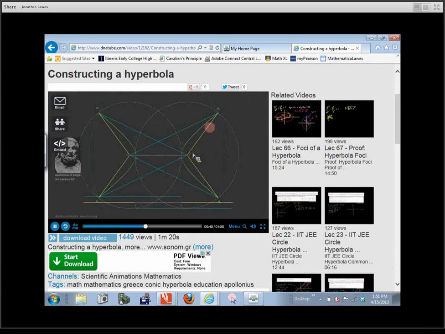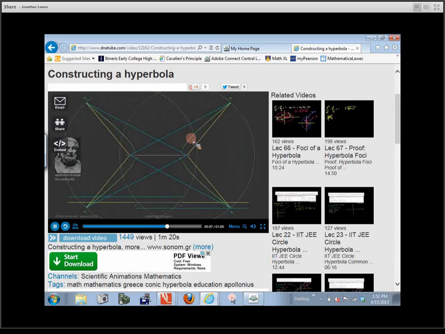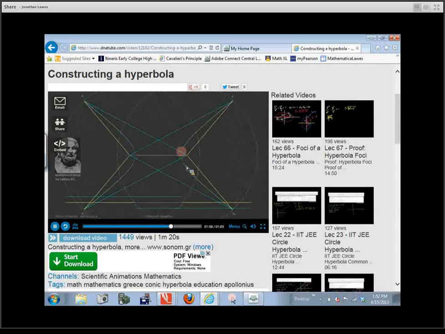Again, that yellow line right there and that blue line right there, the difference between the two lengths is always exactly the same. And you'll notice that the points that this is carving out right here, so this is just kind of approaching a straight line right there. It curved around right here, curved around right here, and then continues going off in each direction.